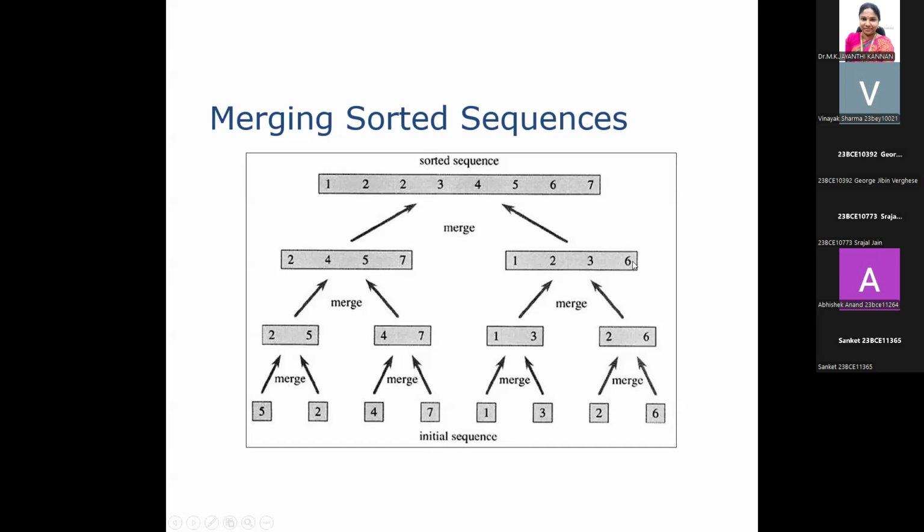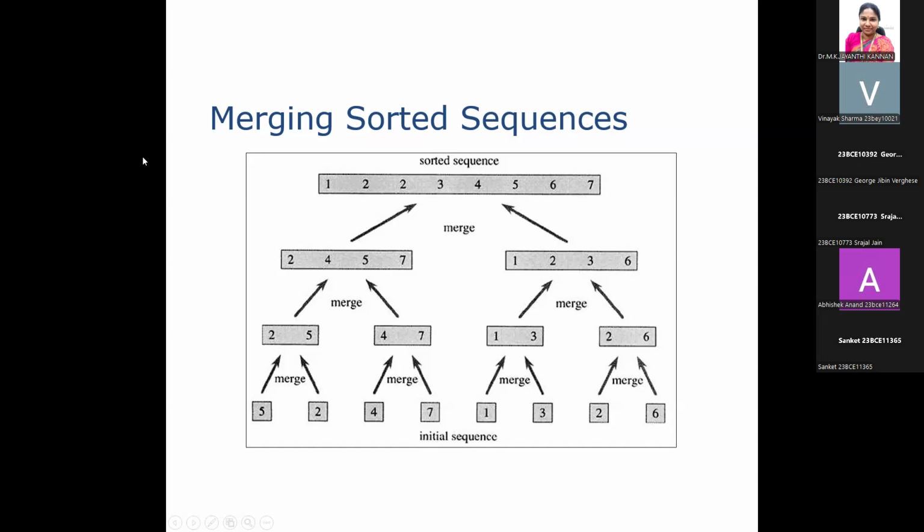Only 6 is greater than 5. So we will take 1, 2, 2, 3, 4, then 5 and 6. Then take 7 and compare it with 1, with 2, with 3, with 6. All are smaller numbers, they will be in their respective places. 7 is the biggest number, placed in the last position.